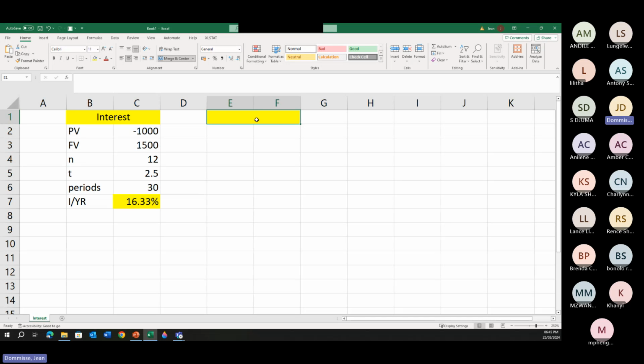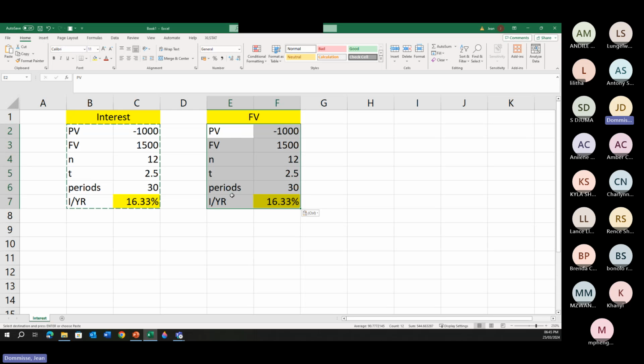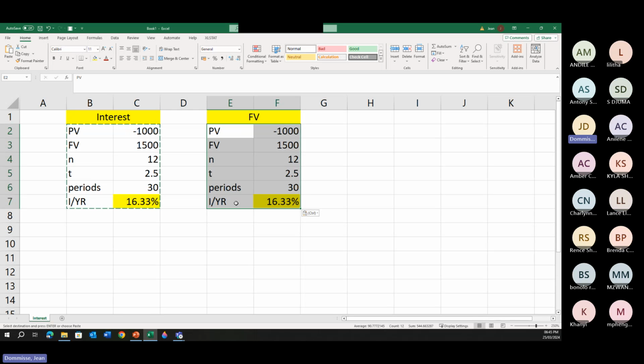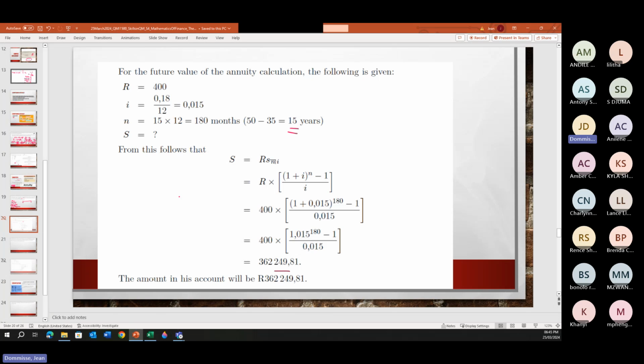And now I'm going to use Excel. I want to say to you guys, find one of these methods that works for you. I'm just showing you all the methods, but find one that you're comfortable in, because you must not learn all three methods. If you are comfortable using the formula, use it.